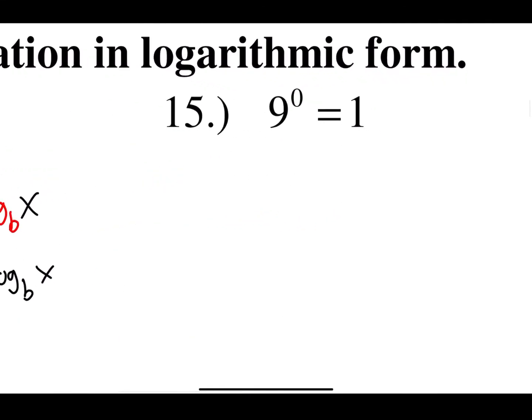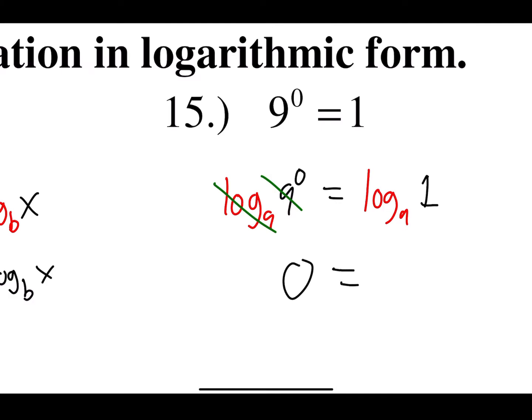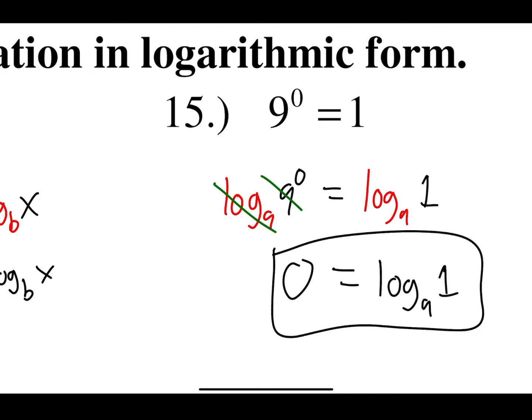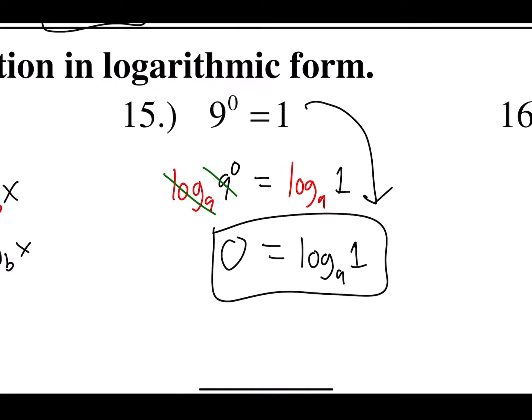So an example of that, I have 9 is the base, 0 is the exponent, 1 is the answer, or the argument. So if I want to get rid of the base 9, I log it. Log base 9 of 9 to the 0 equals, do it to both sides, log base 9 of 1. We're left with, log base 9 and 9 cancel, we're left with a 0, equals log base 9 of 1. And then just by canceling, you've converted exponential into logarithmic form.